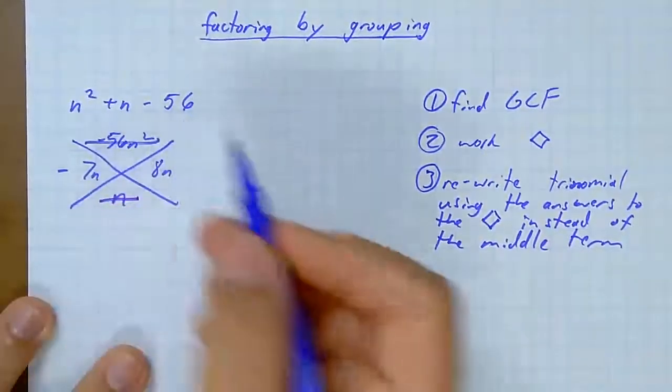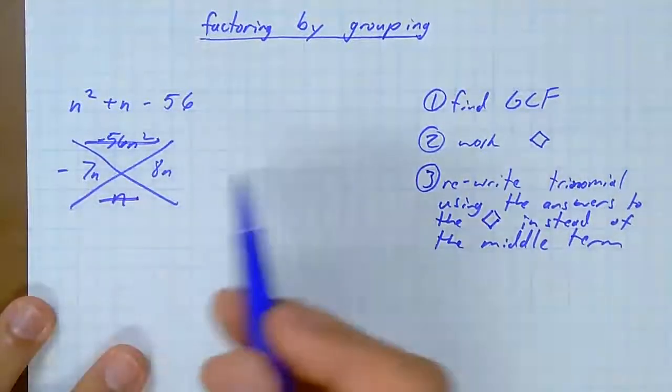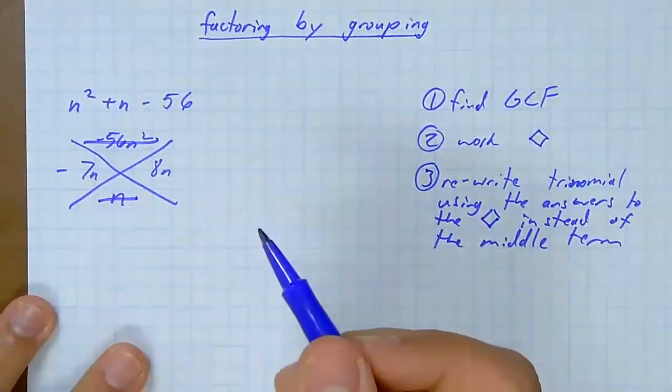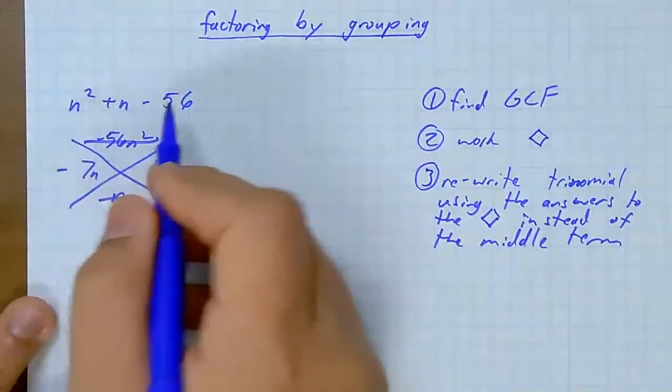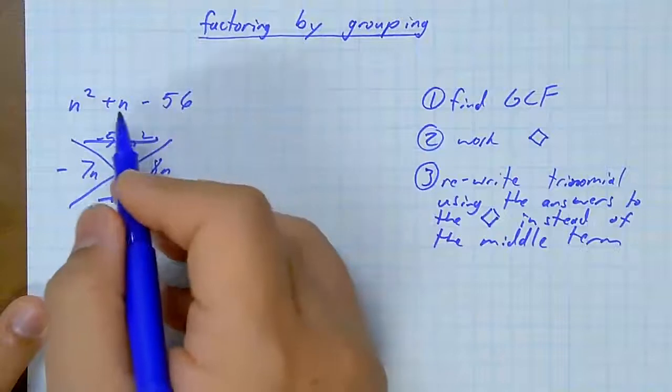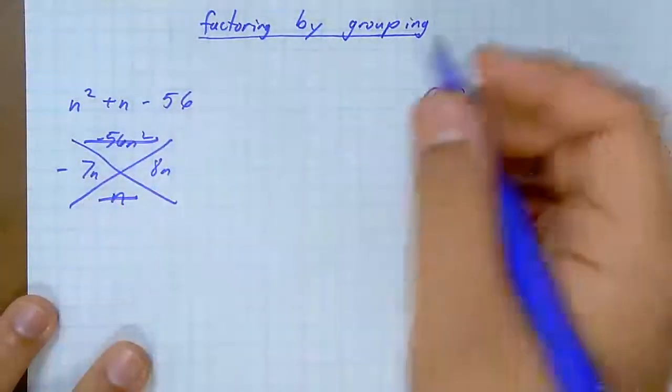So we still do not need the top and bottom. All we need are the sides. Let's take a look at what I mean when I say rewrite. N squared is going to remain the same. Negative 56 is going to remain the same, but plus n is not.